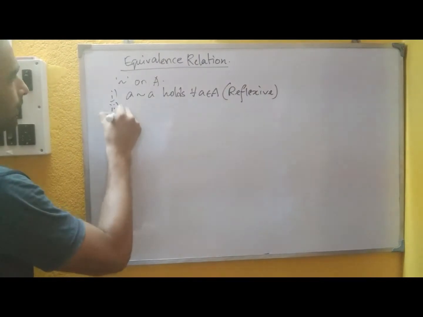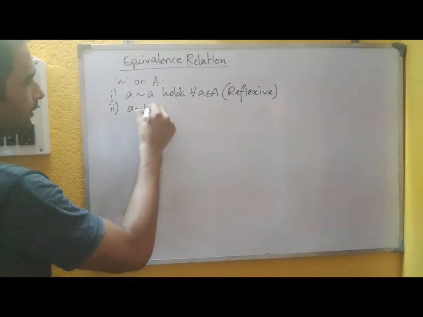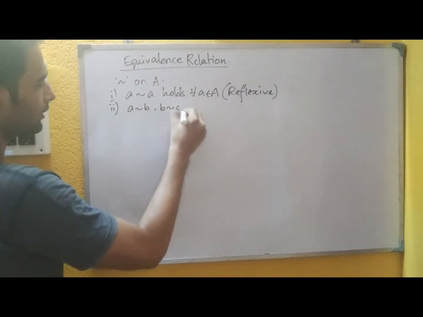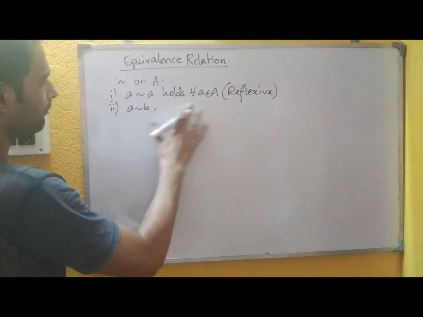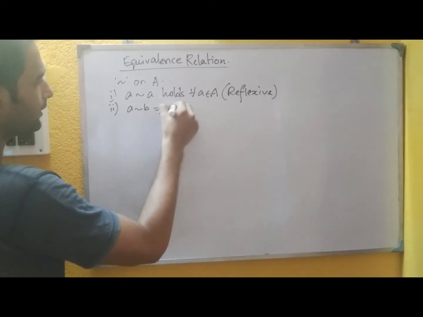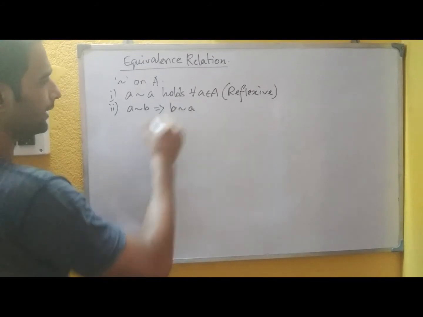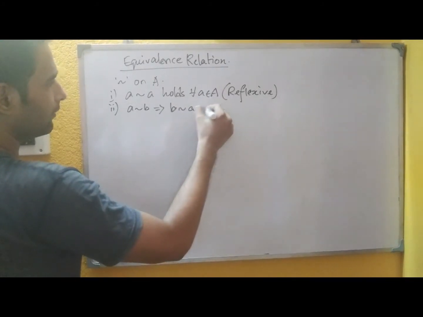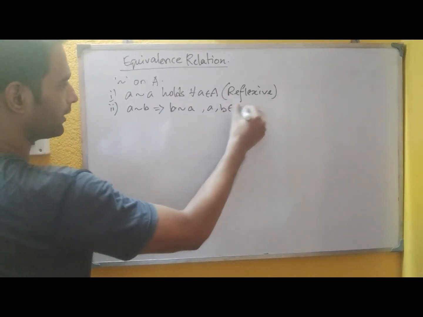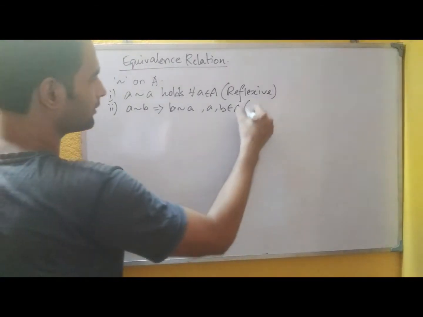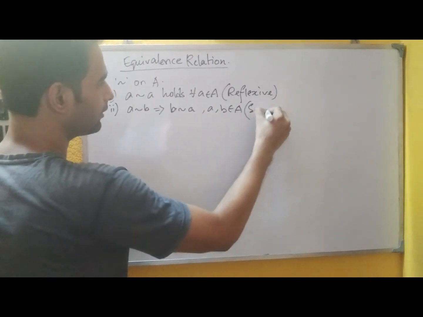Number 2, it says that if a tilde b, then it will imply that b tilde a, where a and b belong to A. This relation is called the symmetric one.